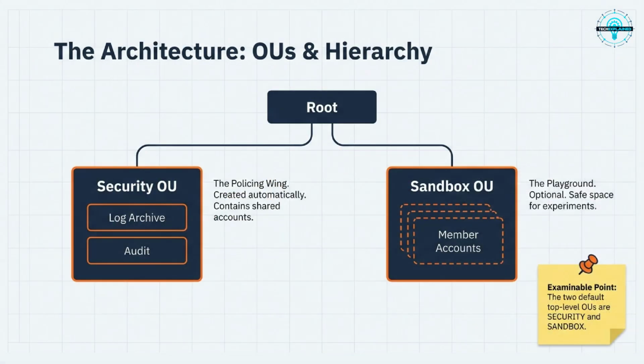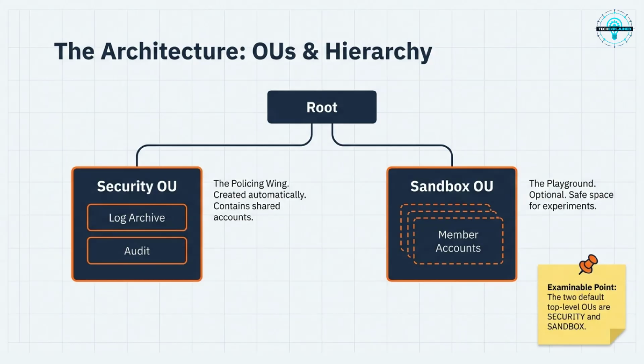Now let's talk about how that environment is organized. Control Tower uses something called organizational units, or OUs. Think of OUs like folders in a filing cabinet. At the top, you've got the root. That's the master container for everything. Underneath root, you get two primary OUs created automatically. First, the security OU. This is where your most sensitive lockdown accounts live. Second, the sandbox OU.